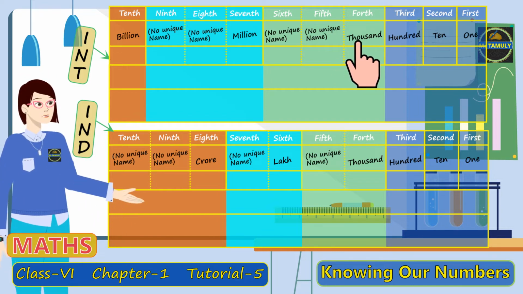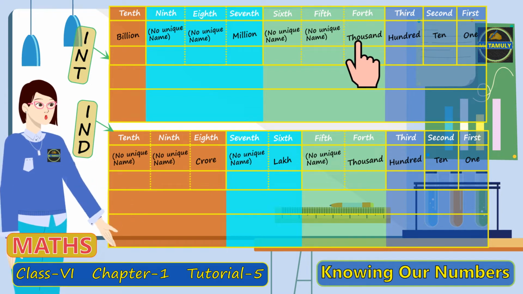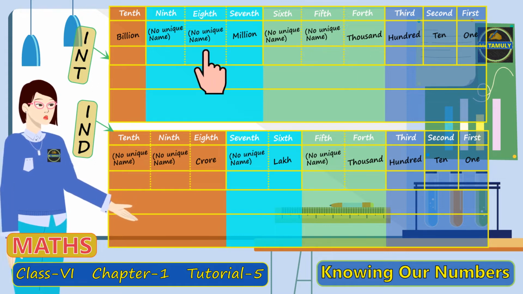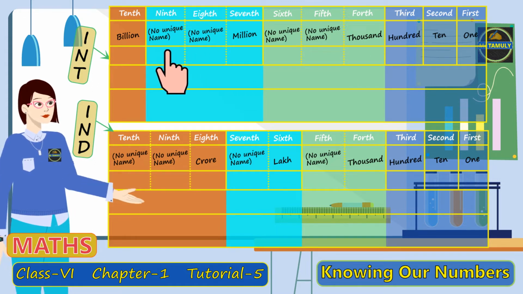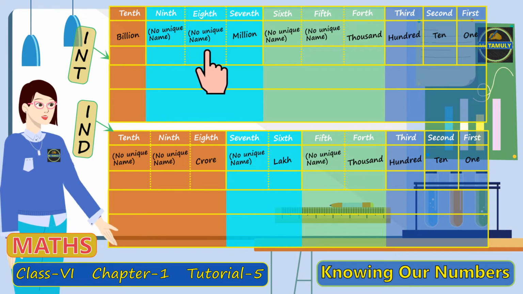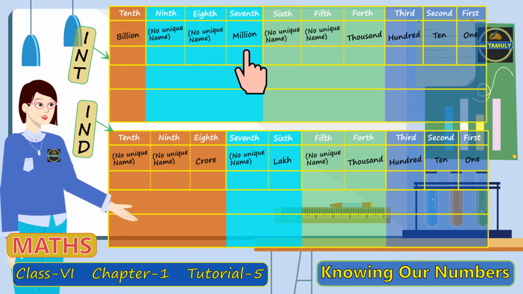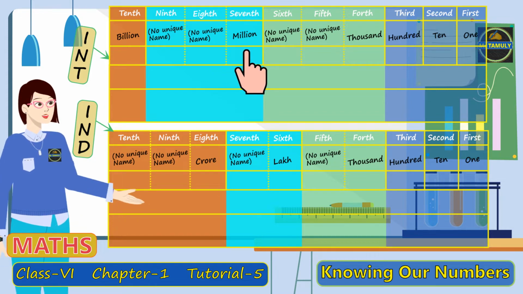To indicate the same, in our table we have used a greenish color for these 3 positions. Similarly, the 8th and the 9th positions too do not have any unique names. Which is why the 7th, 8th, and the 9th positions are treated as a combined position having the name million, in the international method of naming numbers.